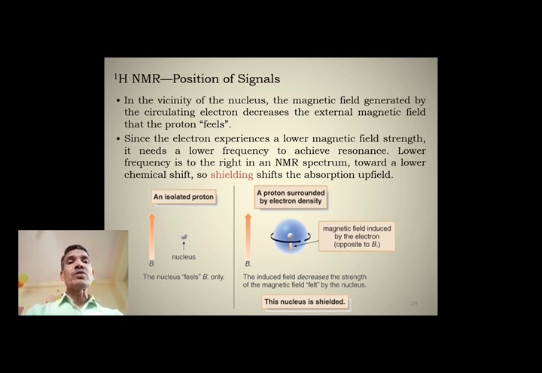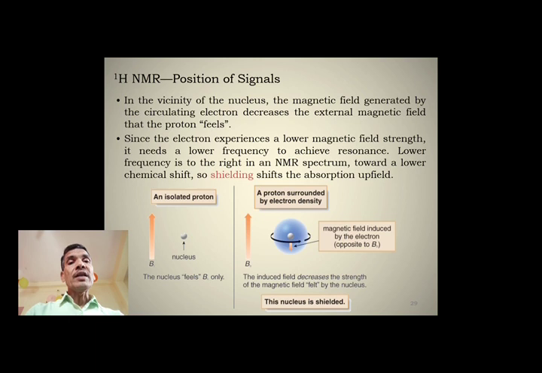Now in NMR spectrum, the position of signal gives us information about the chemical environment of each set of protons. In the vicinity of the nucleus, the magnetic field generated by the spinning electrons decreases the externally applied magnetic field strength, and they feel different magnetic field strength.